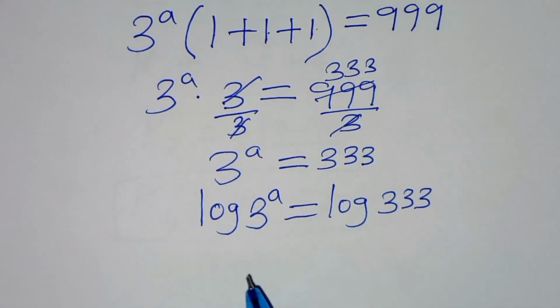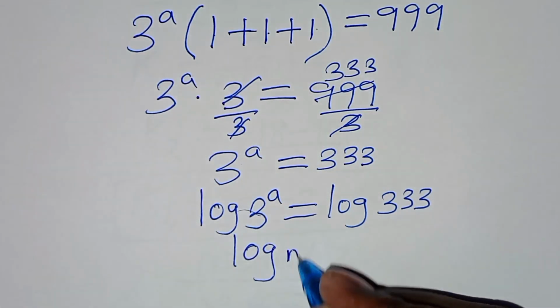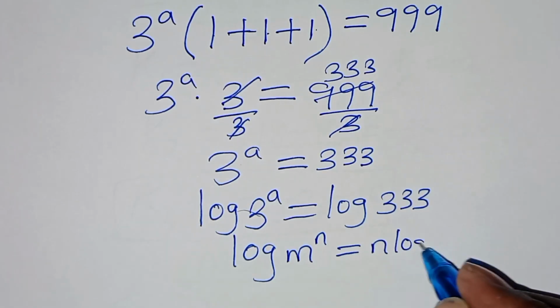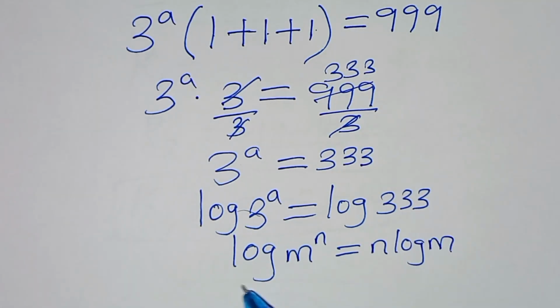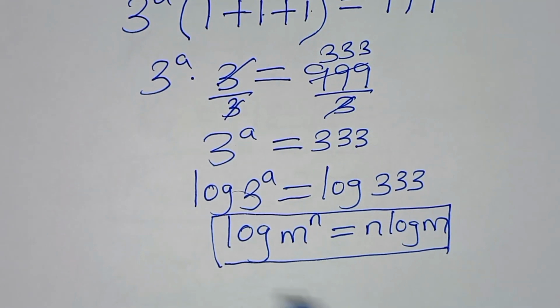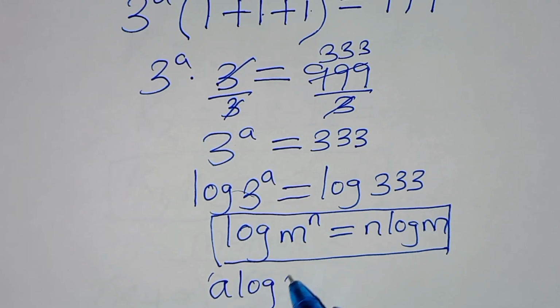The next step from here, log 3 to power a. This is in the form of log m to power n, which we can express as n log m. So applying this power rule property of logarithm, then it follows that log 3 to power a becomes a log 3.